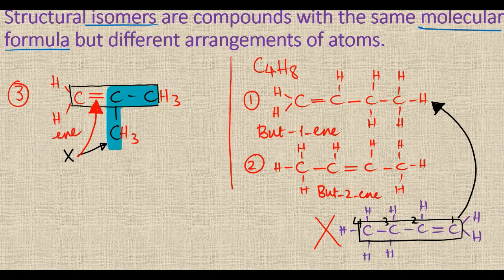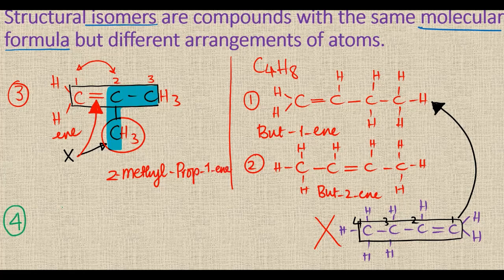Numbering should begin from the left side of the compound, and the double bond is between carbon atom number 1 and number 2, having the methyl attached as a branch. So this compound is 2-methylprop-1-ene. Another possibility is a cyclic compound, but that is beyond the scope of the IB.